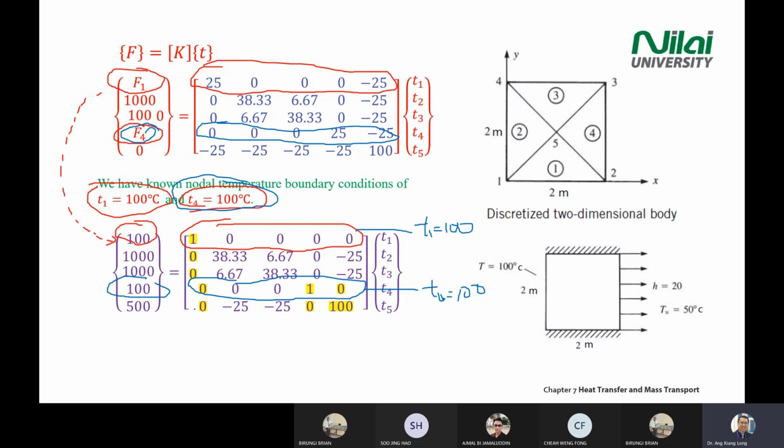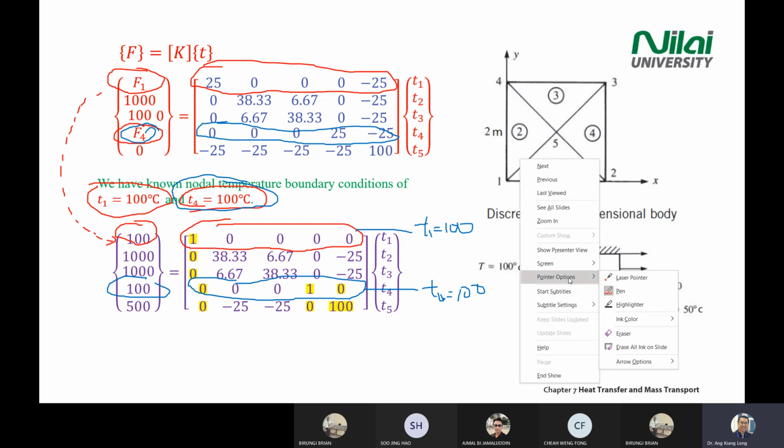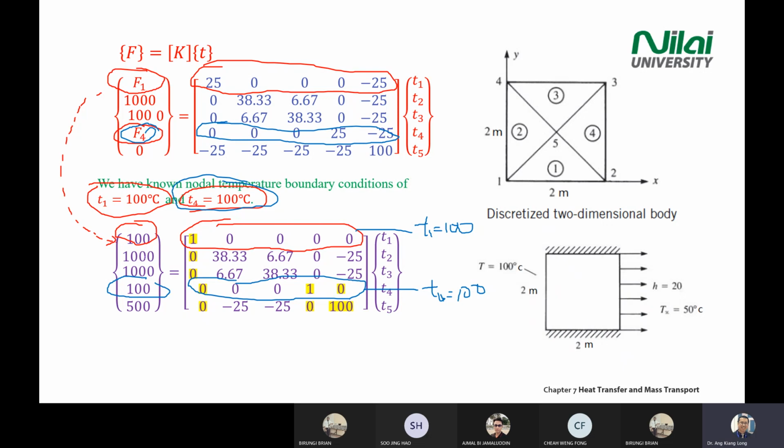For example, after you substitute these two, you need to check the other rows, for example the second matrix here.